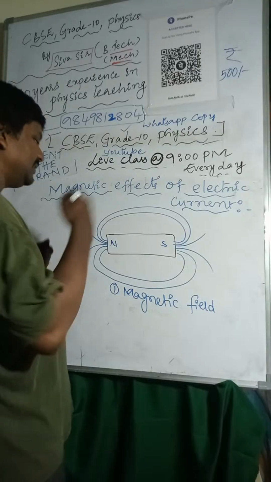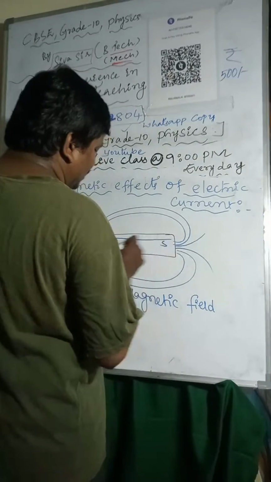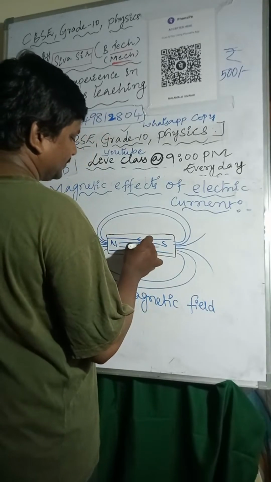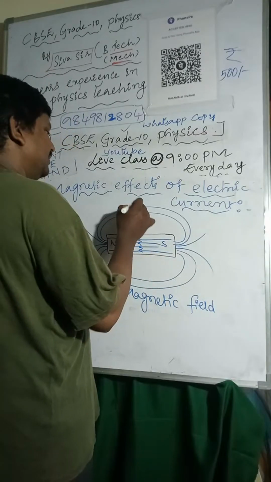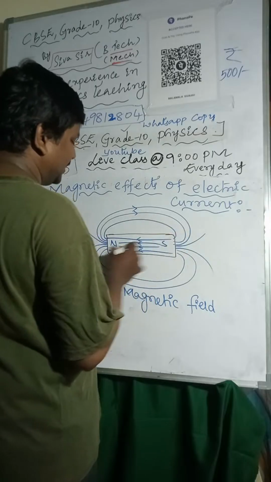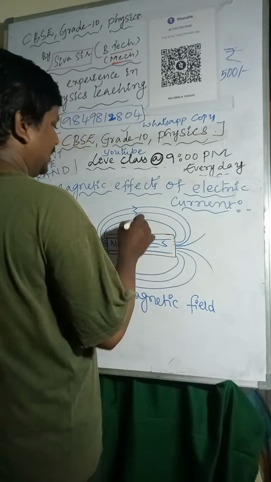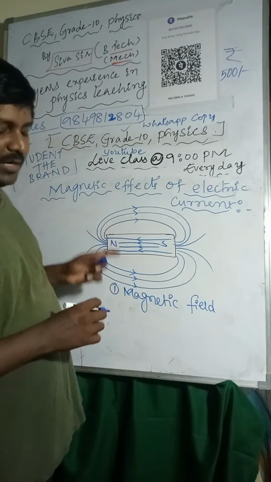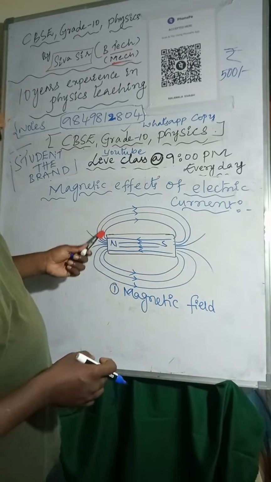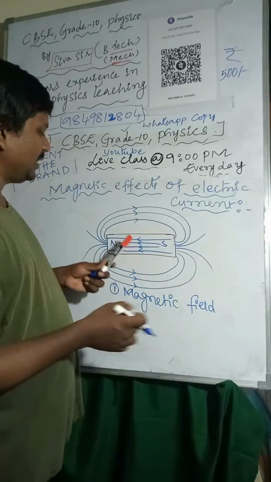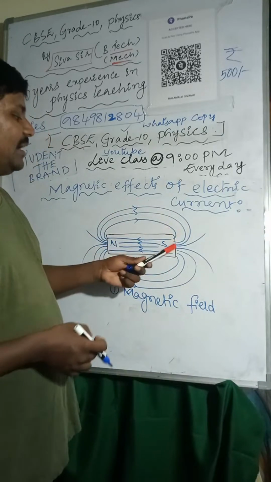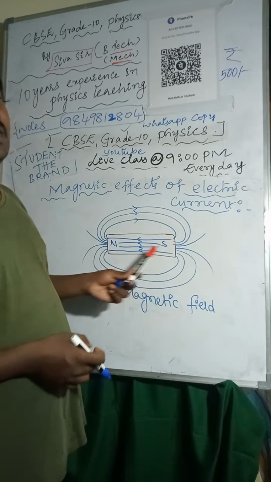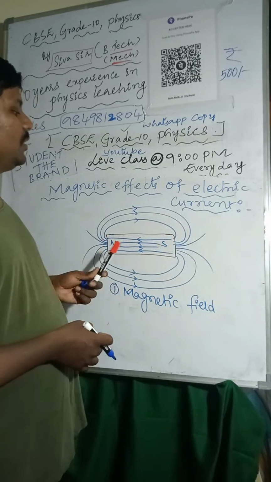Inside of the bar magnet, the field lines go from south to north, like this.